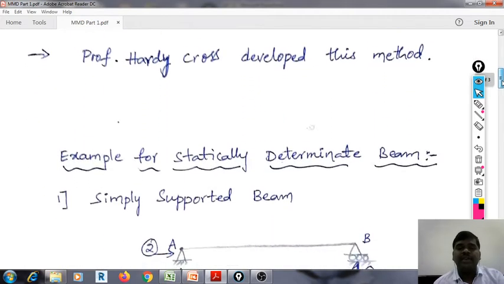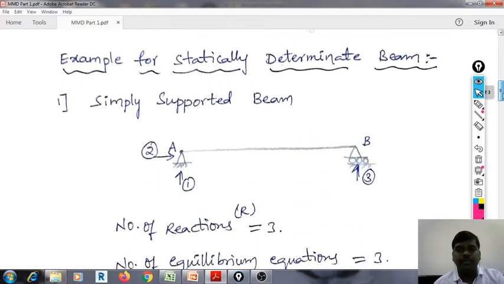So what is a statically determinate beam? This is a prerequisite actually. Taking a simply supported beam as an example.